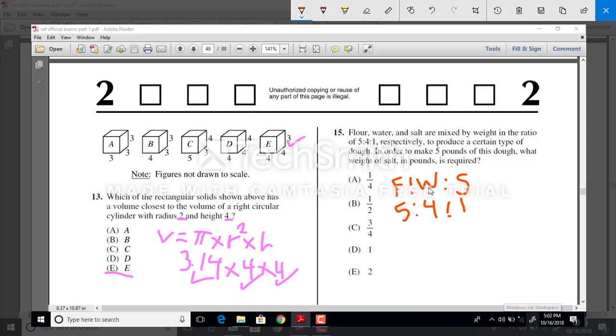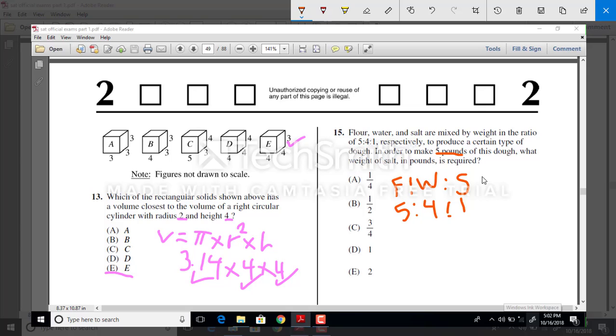Okay, let's complete reading. In order to make 5 pounds of this, what weight of salt in pounds is required? What is the total pounds that I'm using? It's 5, okay?